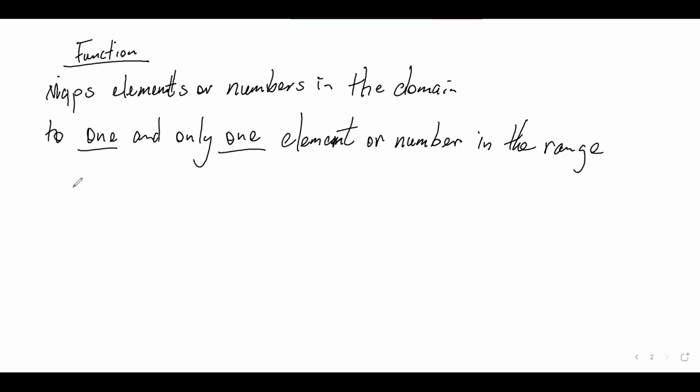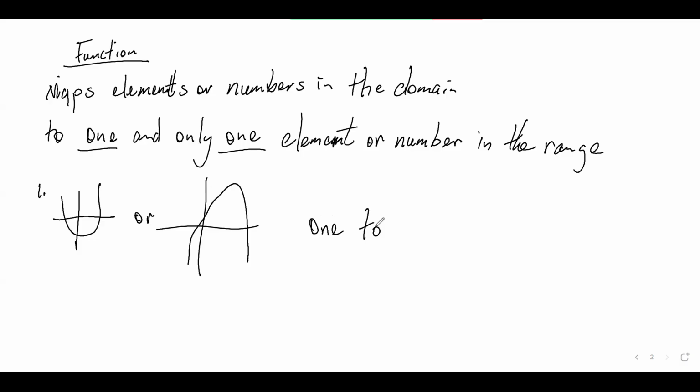So if you have a graph like this, or a graph looking like this, that's a one-to-many mapping.